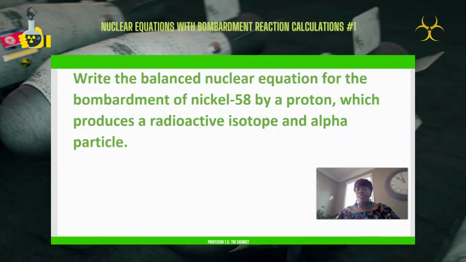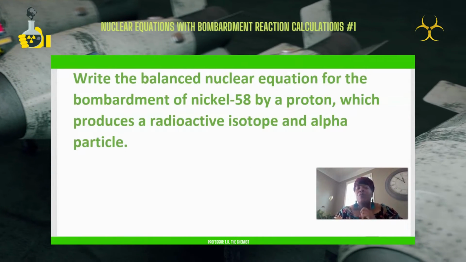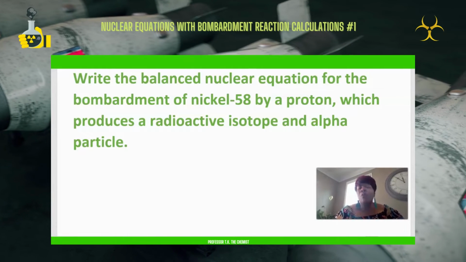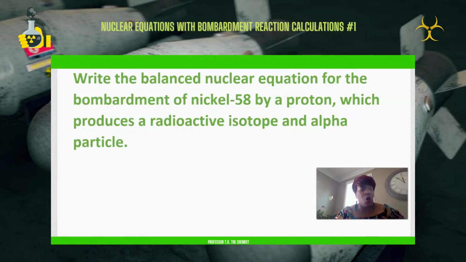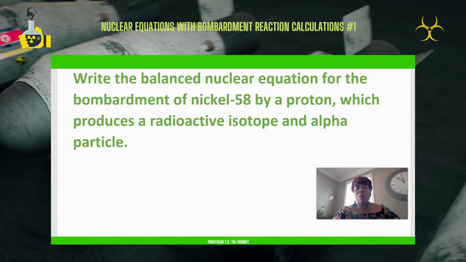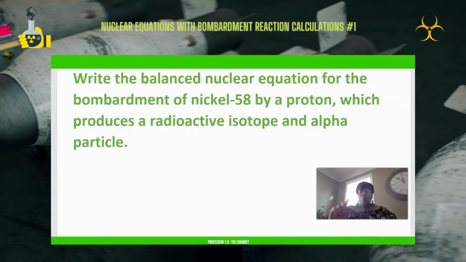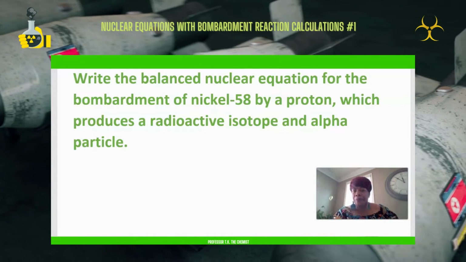So here in this example, they want you to write the balanced nuclear equation for the bombardment of nickel-58 by a proton, which produces a radioactive isotope and alpha particles. Now, you're probably wondering, what do I have to do with all of this information? Well, here we go. Let's start this first example.